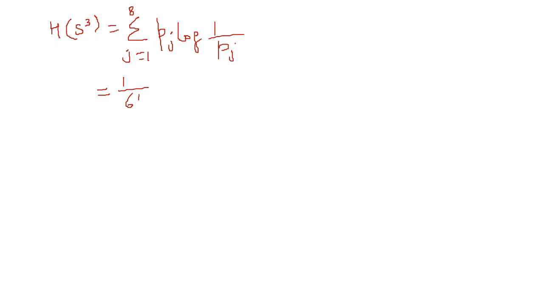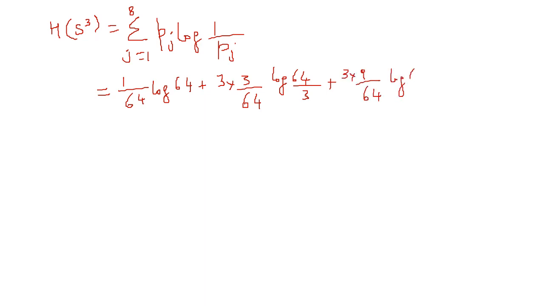So it is 1/64 into log 64, plus we have 3 times 3/64, so 3 into 3/64 log 64/3, plus we have 3 times 9/64, so 3 into 9/64 log 64/9, plus we have 27/64 into log of 64/27.